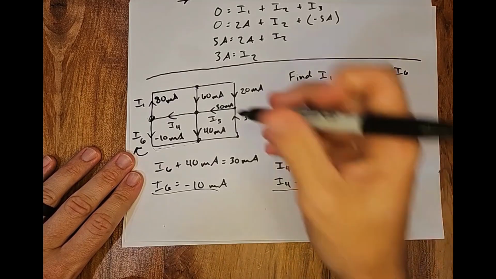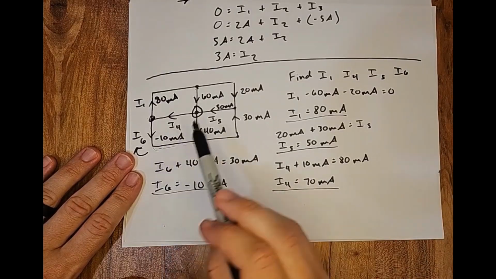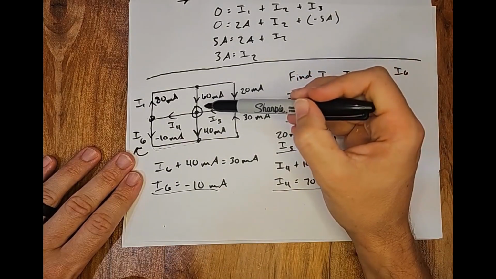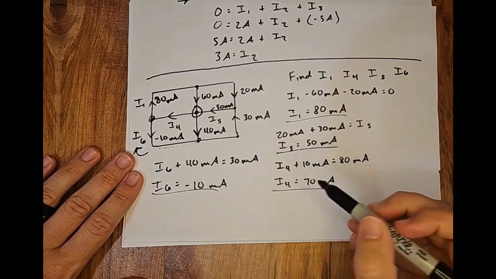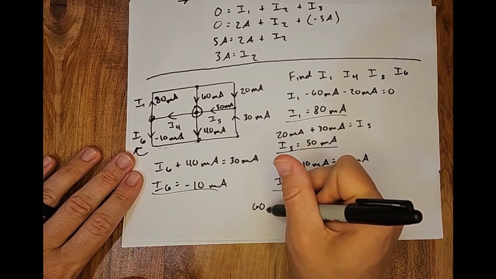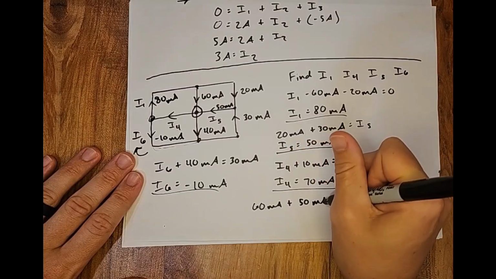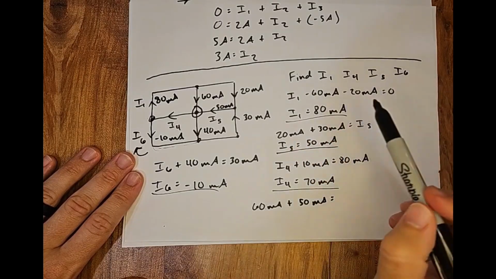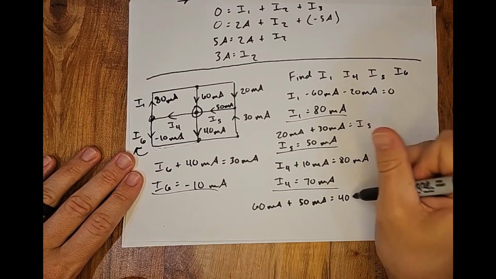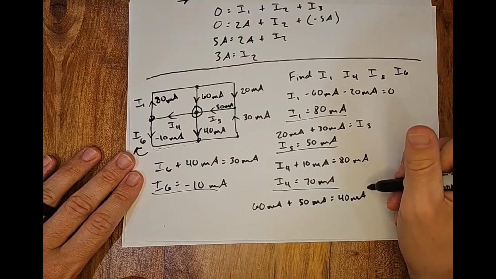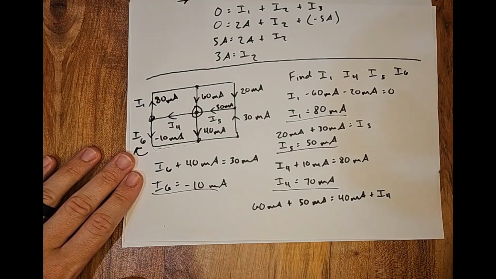Now let's do I4 again, but let's look at that node instead. So now we have I4 going out, 60 milliamps coming in, 50 milliamps coming in, 40 milliamps going out. So let's keep the ins on one side of the equal sign, the outs on the other. So 60 milliamps plus 50 milliamps is going to equal I4 plus 40 milliamps, and hopefully I4 equals 70 here.